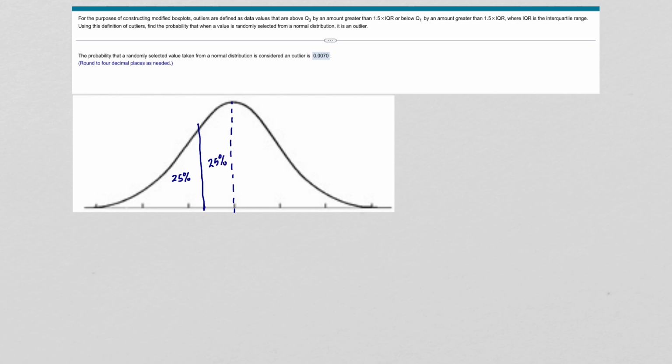But because of how the normal distribution rises so quickly in the middle, it actually does work out mathematically that way, even though it doesn't look like it makes sense. And then we have, so this is Q1, and then Q3 is about here, which means that this is also 25%, and this is 25%.